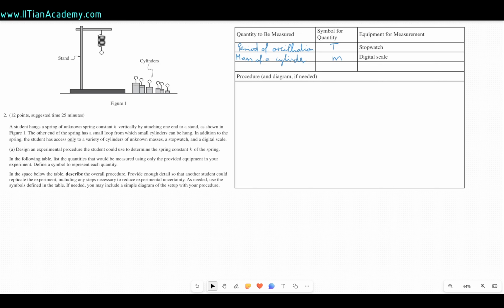We also need to state a way to reduce uncertainty, and there are multiple ways we could do this. For example, using a bunch of masses and then finding an average result, or we could also do multiple trials with a single mass so that we reduce our experimental uncertainty.